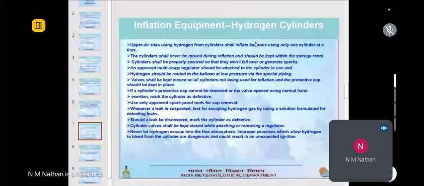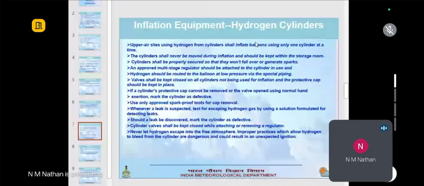The cylinder shall be secured so that it won't fall. During inflation of the balloon, the cylinder should not move. If any friction is there, it will create a spark, and then it will explode. So to avoid that, you have to keep the cylinders in a proper position without any movement, then you start inflating the balloon. That is the procedure.